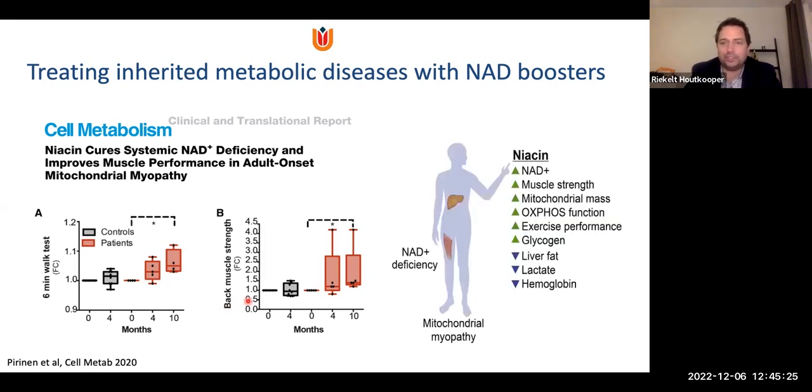So overall, they've seen that niacin treatment in patients with mitochondrial myopathy improves their NAD, it improves their muscle strength, it increases mitochondrial mass, increases OXPHOS function, exercise capacity, it maintains a nice glycogen level, it reduces liver fat, reduces lactate, and reduces hemoglobin.